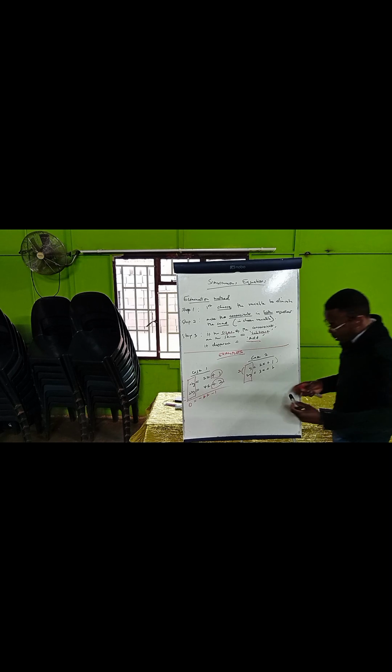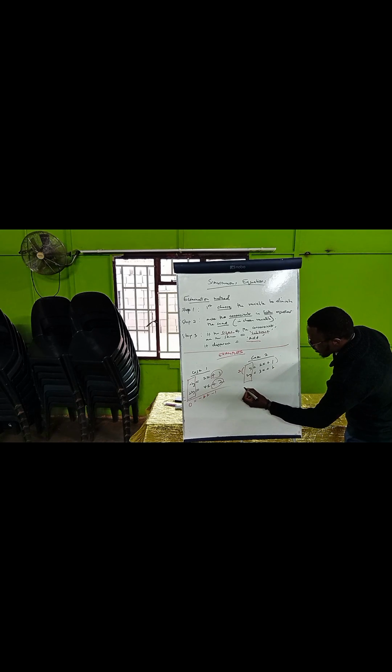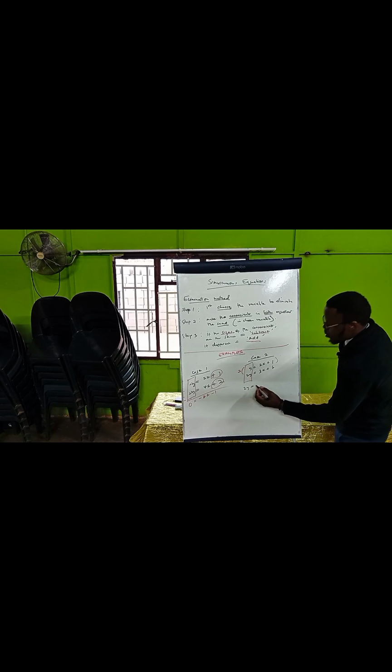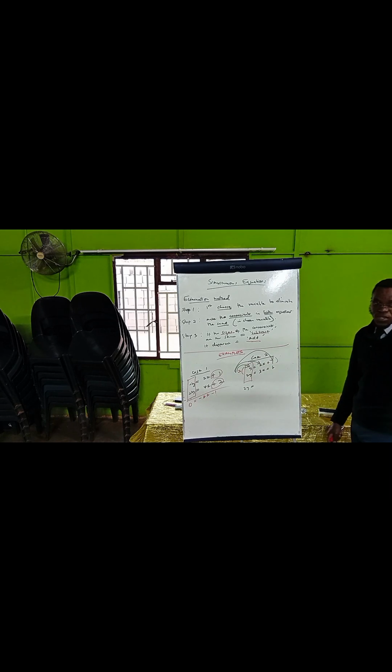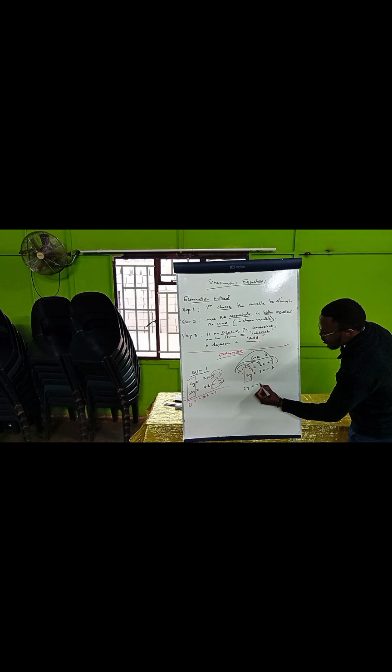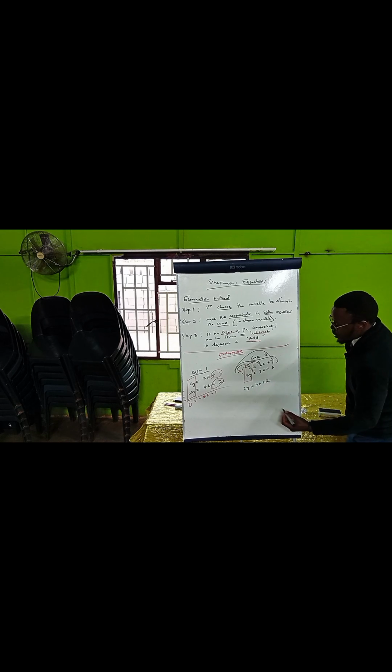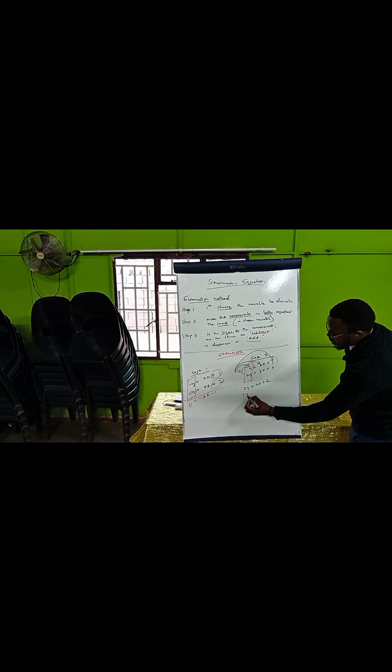So equation 1 will become 2y equals to, notice that this value is going to multiply all the terms, both sides of the equation. So 2y is equals to 4x plus 2. And then the second equation is still the same, 2y is equals to 3x plus 6.